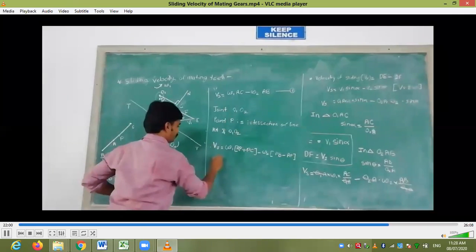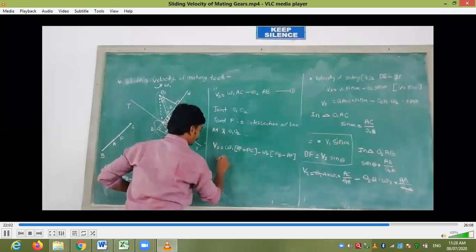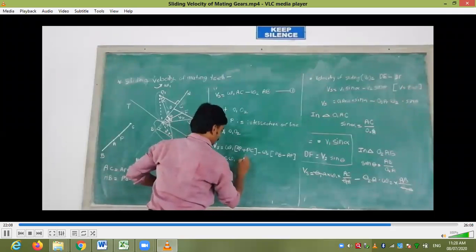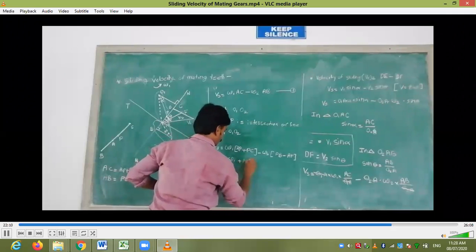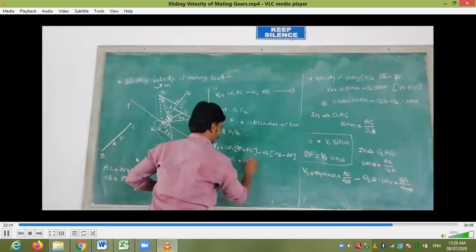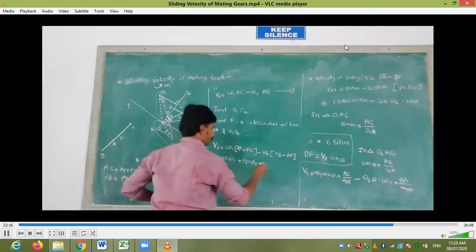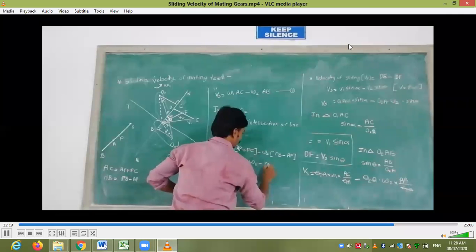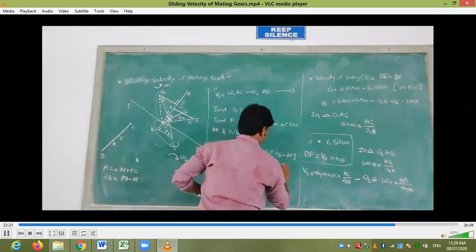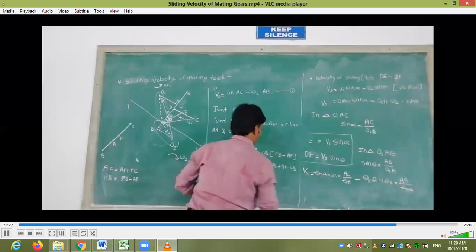If we solve this, we get AB into omega 1 plus BC into omega 1 minus BD into omega 2 plus AB into omega 2.